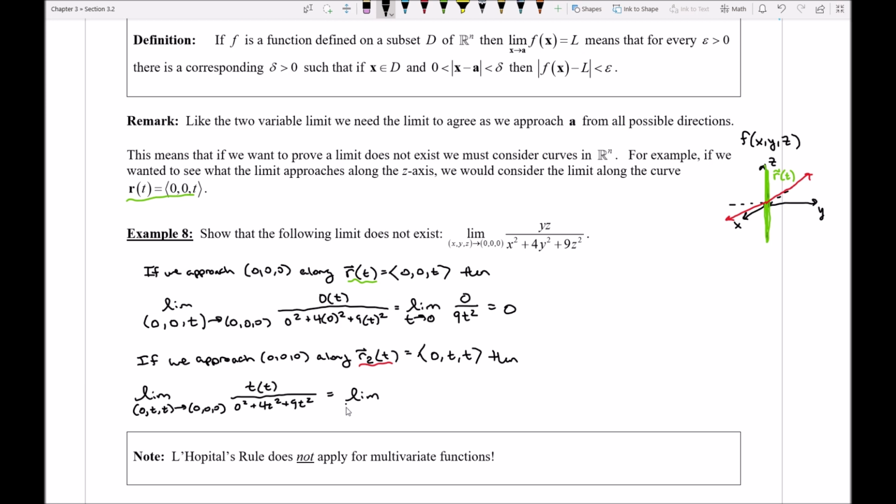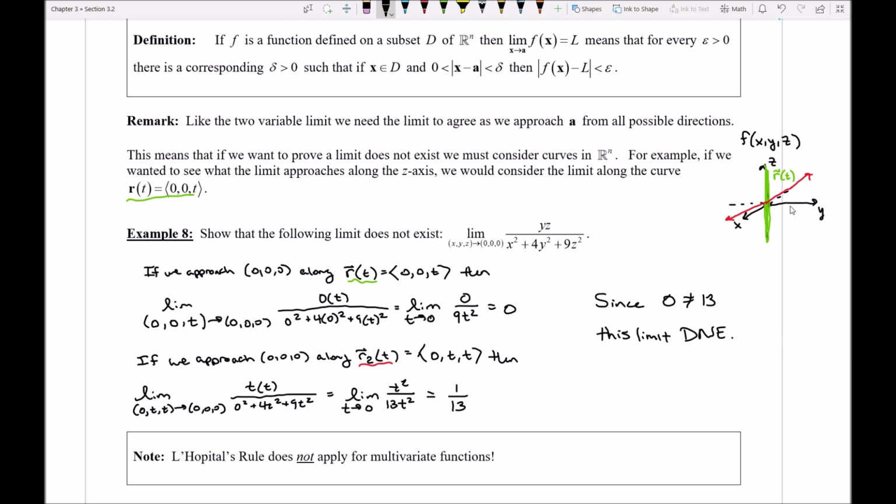So again, this is still going to be a limit where I just have t approaching 0, but it's going to be of t squared over 13t squared. The limit of that is 1/13. So I can easily see here, since 0 doesn't equal 1/13, this limit does not exist.